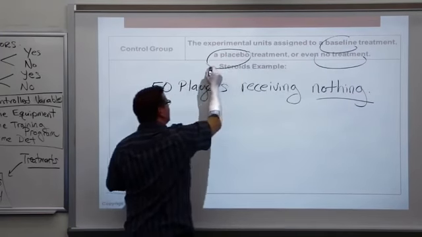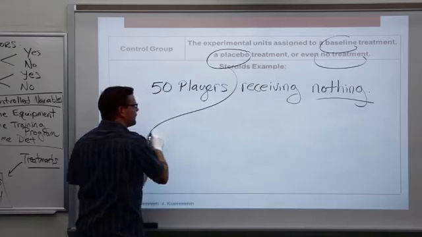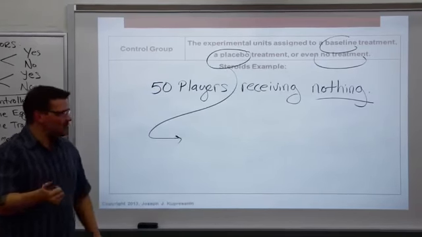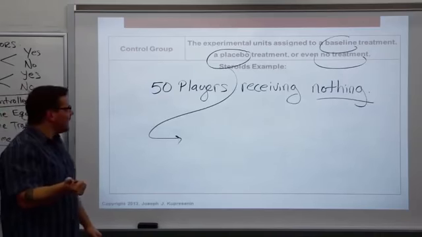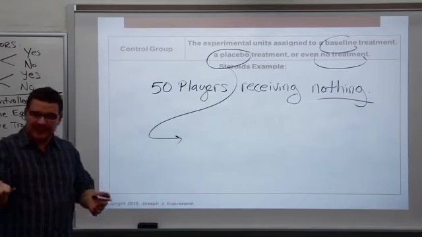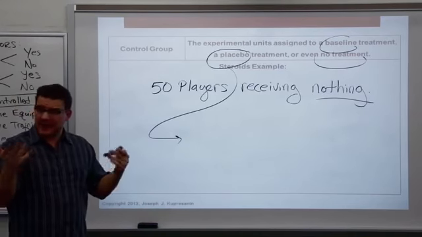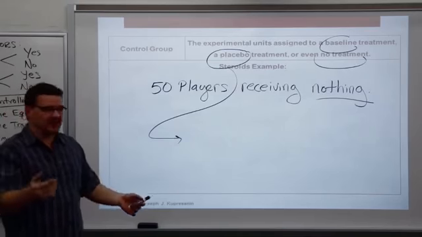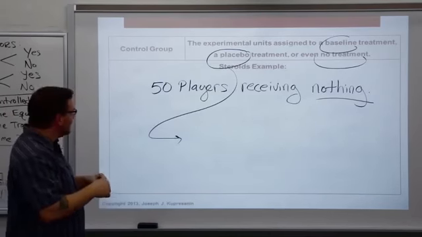You may or may not know what a placebo is. I'll define it here on the slide, but a placebo is sort of like a fake treatment. Perhaps you have anxiety. There was a famous study where people with anxiety were given a fake Xanax pill, and the fake Xanax pill did just as good in clinical trials as the real Xanax pill.